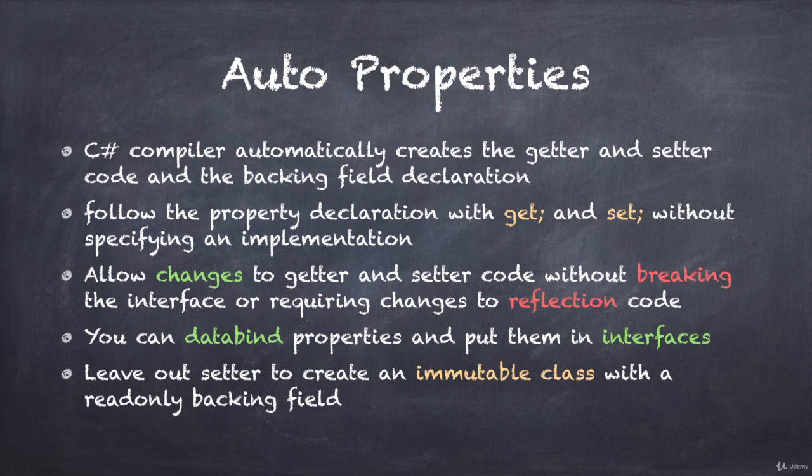Auto properties are useful because they allow future changes to getter and setter code without breaking the assembly interface or requiring changes to reflection code. You can also data bind to properties and put them in interfaces. You can leave out the setter to create an immutable class with a read-only backing field and no setter.